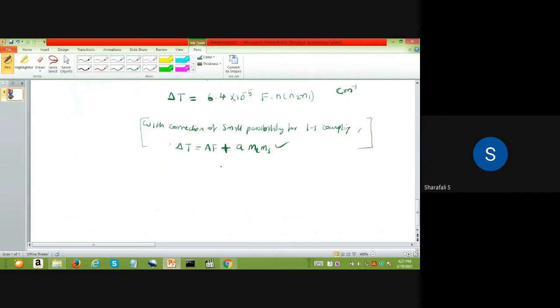So we will ignore LS coupling here, but still there is possibility of some small LS coupling. That's why we are having some error with this Stark splitting delta. With that error, you have to add this plus A ML times MS.